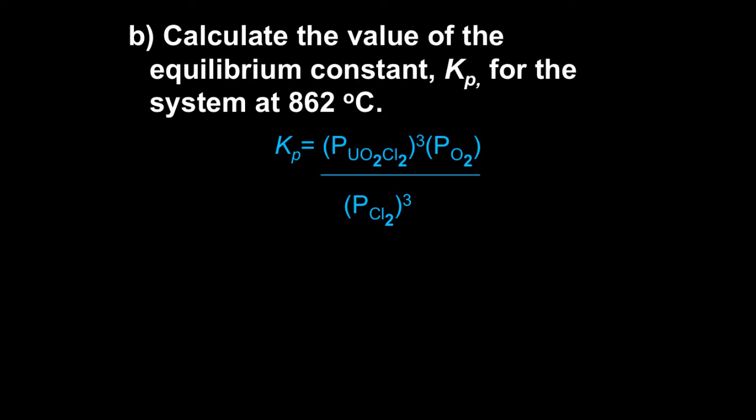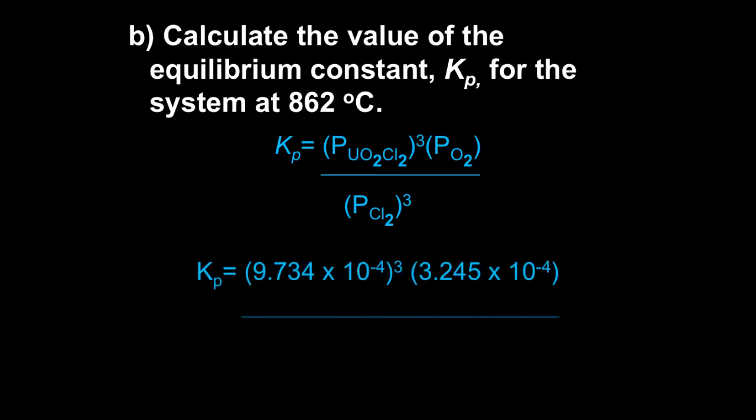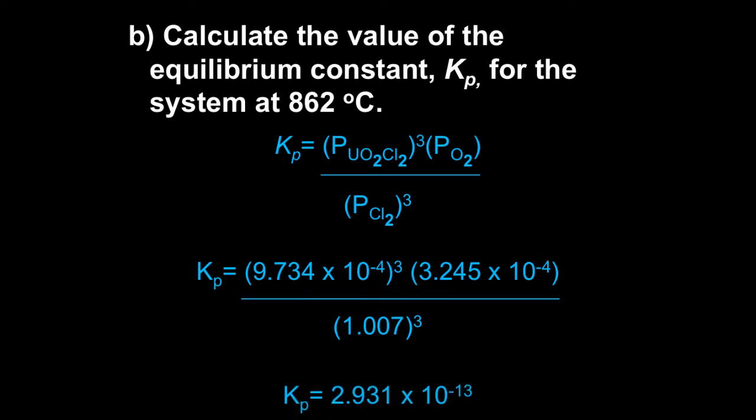Not just 3x cubed, but 9x cubed, times PO2 over PCl2 cubed. And you have to cube things and sometimes square things in other equations, referencing back to the coefficients of the equation. And then Kp, after you plug everything in, is 2.931 times 10 to the negative 13.